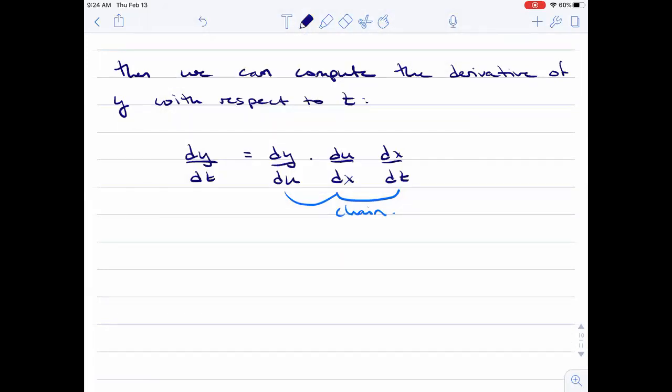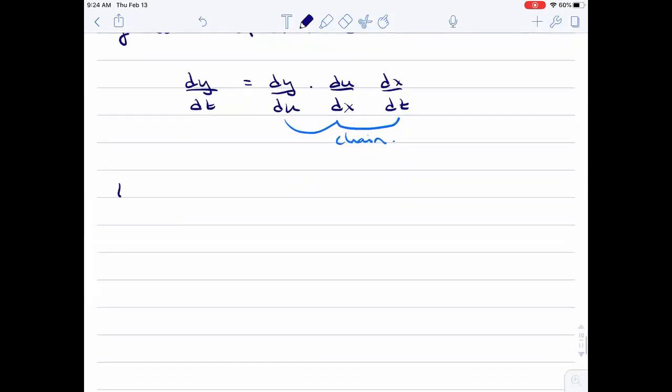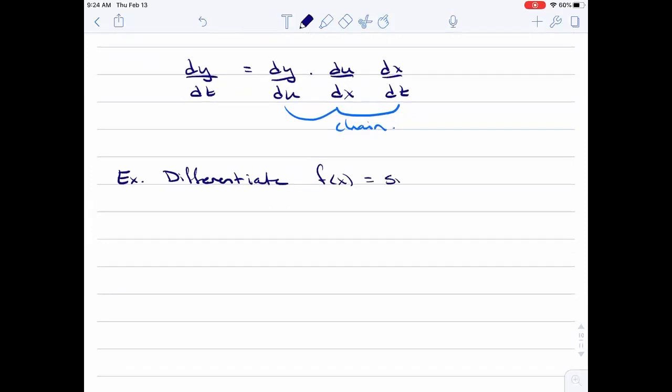So let's do an example. If we have to differentiate f of x is sine of cos of tan x. Close the tan, close the sine. Counting brackets.